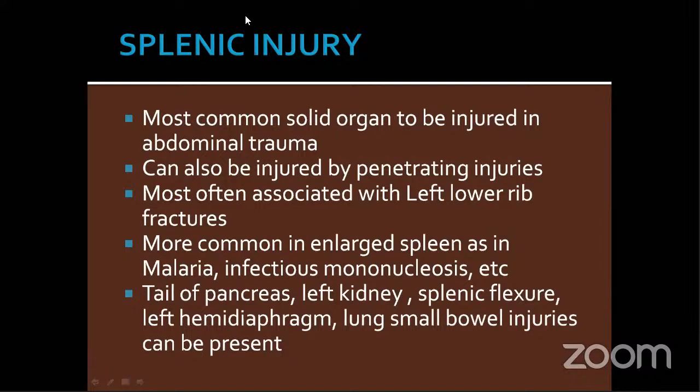This caused a minor twisting of the spleen or even the pedicle. So the enlarged spleen is more prone to rupture even with trivial trauma. The most common cause of spontaneous rupture of the spleen, especially in the Indian scenario, is malaria. If you go towards northern India, then it is Kala Azar, then infectious mononucleosis. All those causes come next.